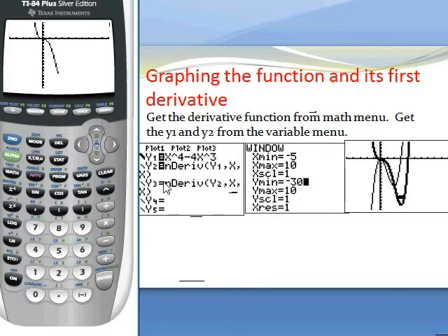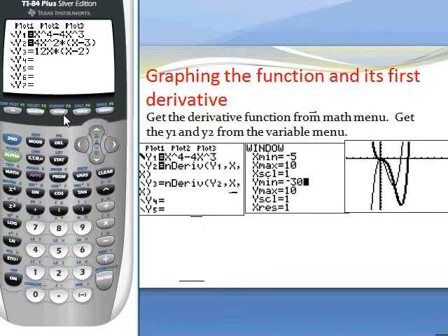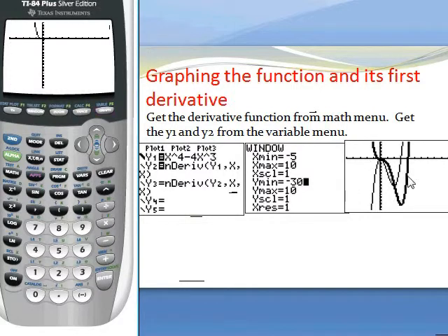Here it is, the function and the first derivative. Okay, I can make the first derivative a little thicker. Let's do that. I'm going to go to the left and push enter, and it makes it thicker. You can see it here, and graph. So we actually duplicated what we did before.